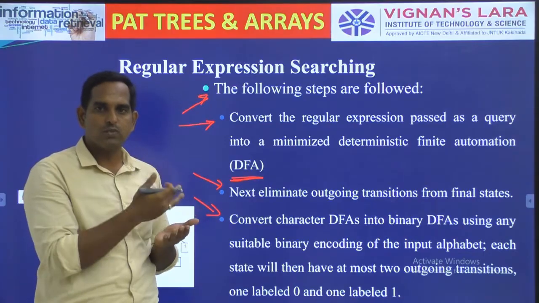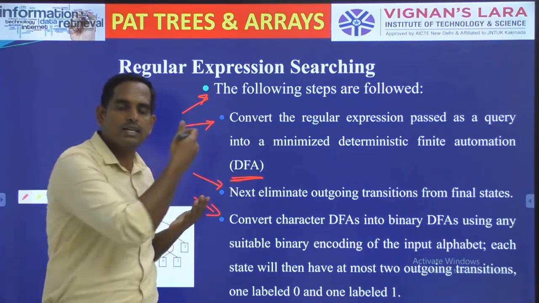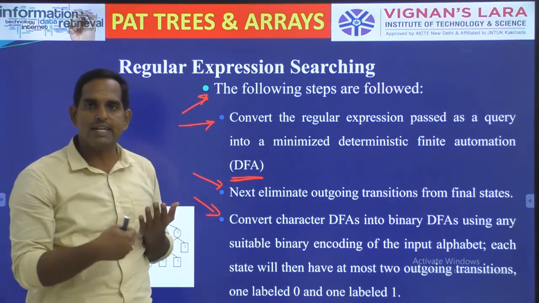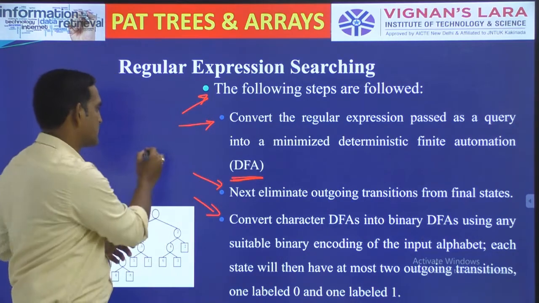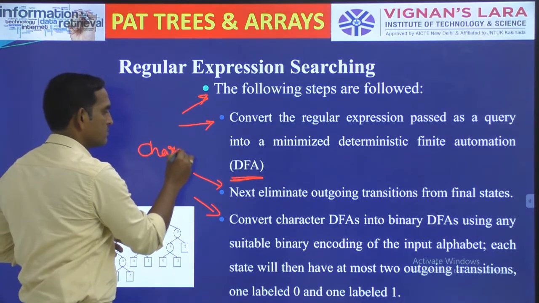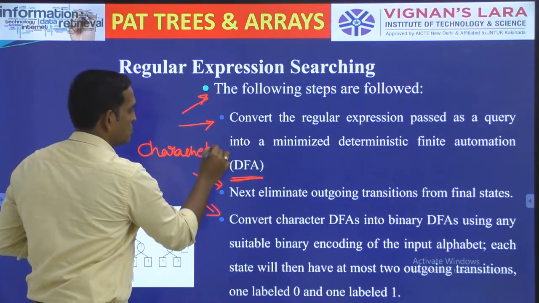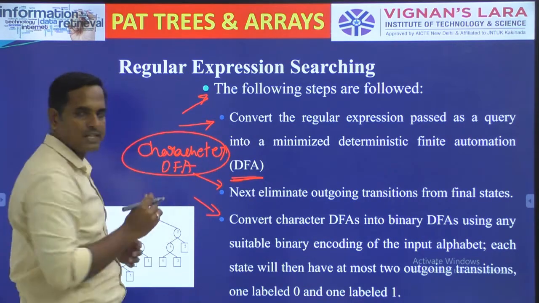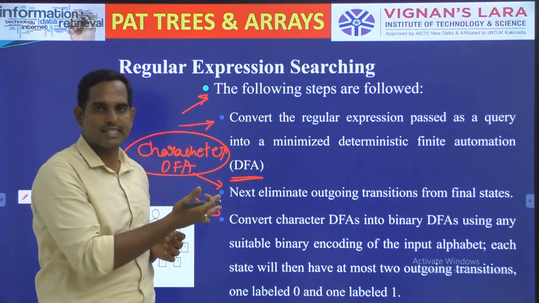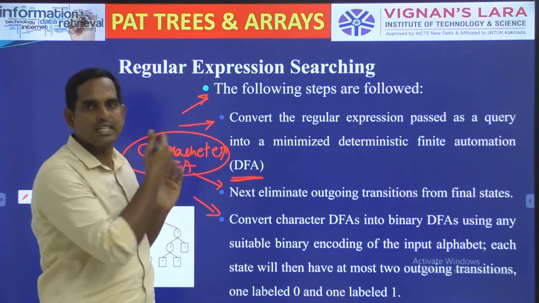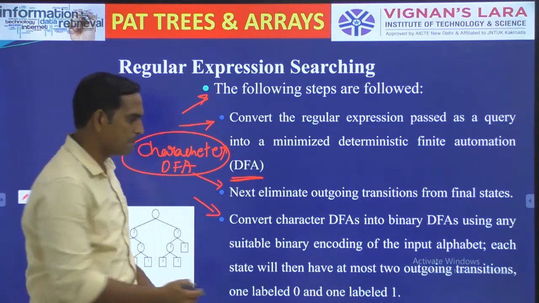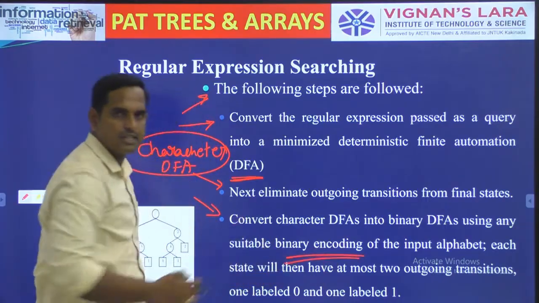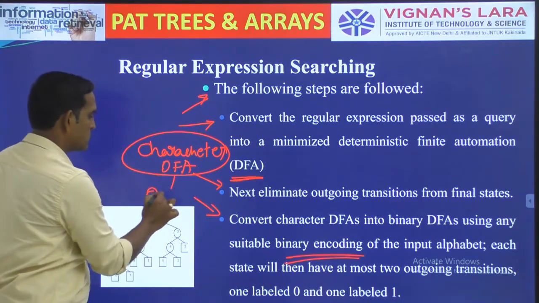Then use that DFA and encode the character DFA. Character DFA means you will be having characters in the particular DFA. It might be any character set. Convert that character DFA into a binary encoding DFA. That is, you should be having only zeros and ones.